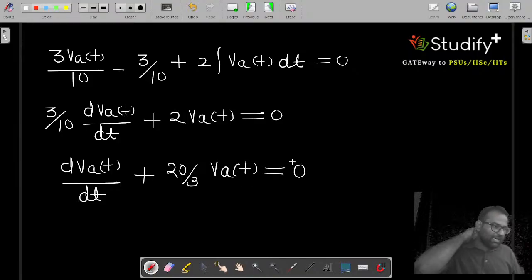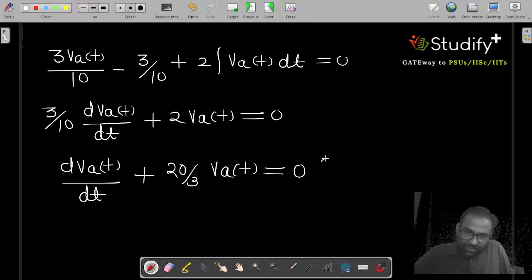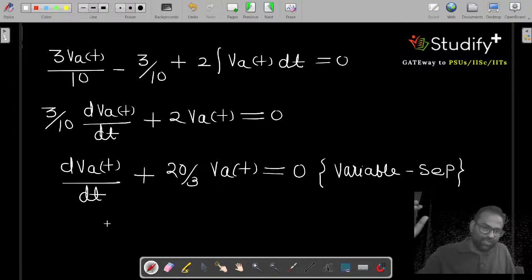This is again a differential equation, and you can solve this differential equation by the variable separation method. So what is the final value of VAT?